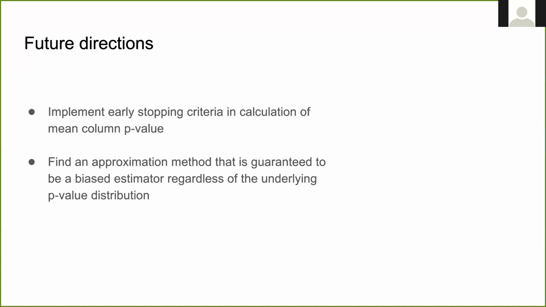The second future goal is to find an approximation method that we can be guaranteed is a biased estimator. The reason we want a biased estimator is because if we can be confident that the estimator is, let's say, an underestimator of the p-value, and yet it still falls above the significance threshold, then given the bias of the estimator, we can be even more confident that the exact value would fall even higher, which means we'd have more confidence that the p-value would be even further above the threshold.